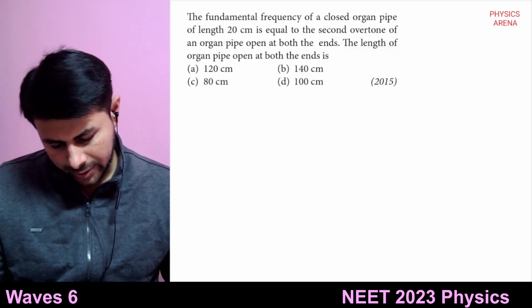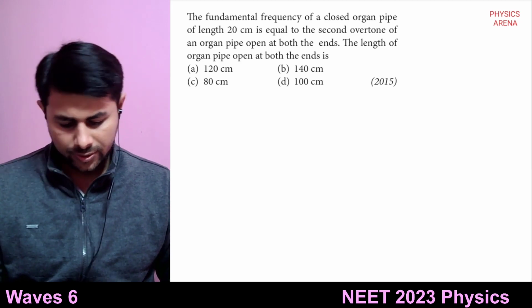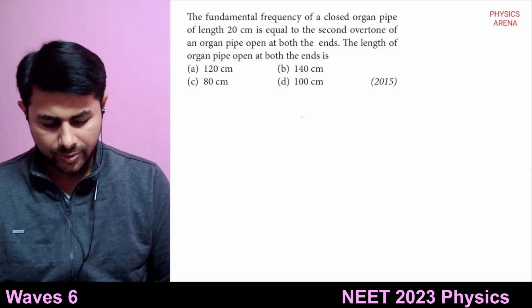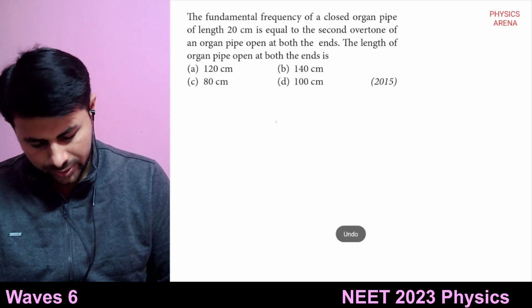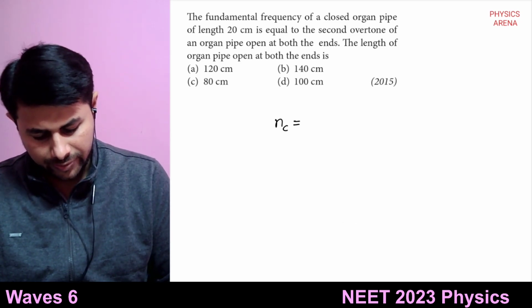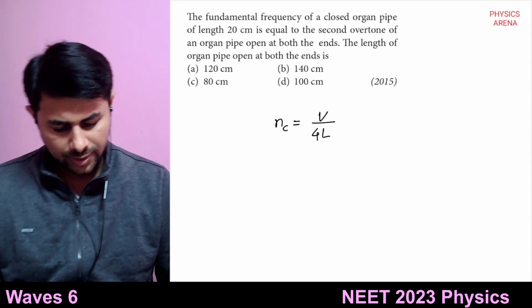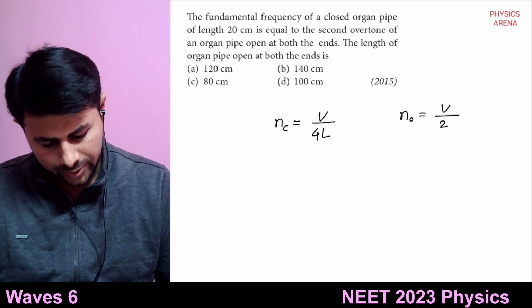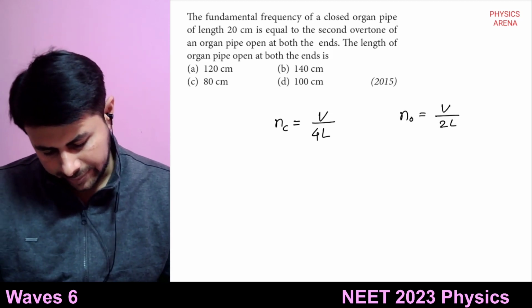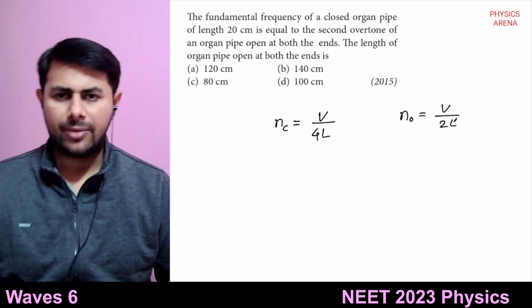Okay, the length of an organ pipe open at both ends is... so, fundamental frequency of closed organ pipe. NC is equal to V upon 4L, and NO is equal to V upon 2L, and this is some other organ pipe.